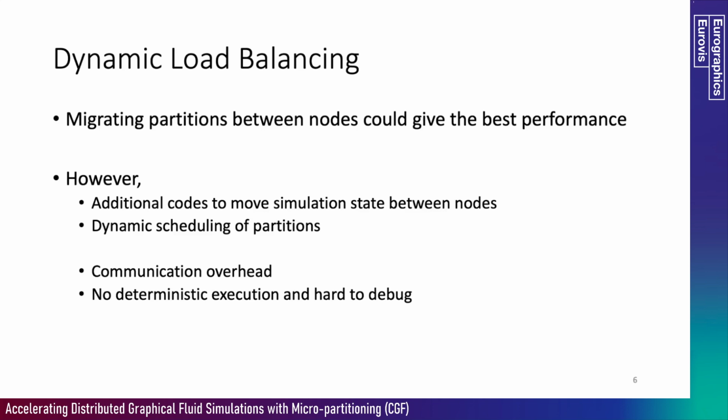It also needs a dynamic scheduler to coordinate the movement. Meanwhile, moving data introduces communication overhead, so the moving frequency must be carefully tuned for each application. Otherwise, the communication cost can be high. Dynamic load balancing also makes debugging harder because it is hard to predict which computation runs on which node.